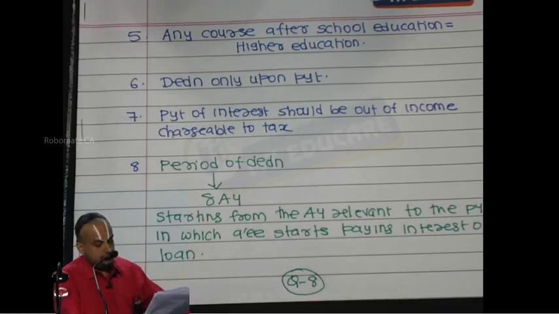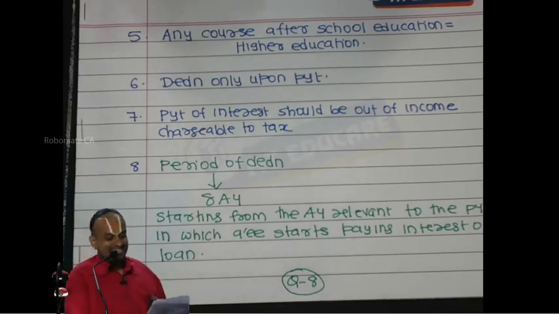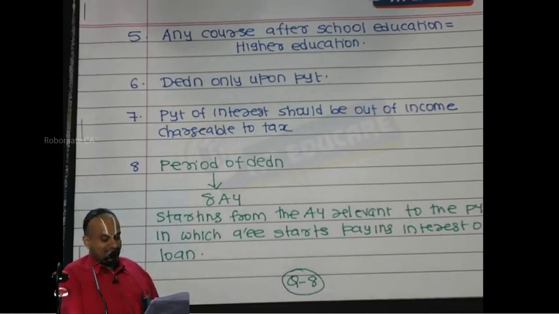For full-time MBA of Mr. X, part-time MCA, and full-time MBA of daughter of X. Loans are 6 lakhs, 3 lakhs, 5 lakhs.